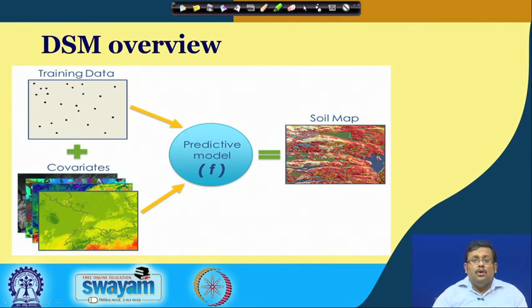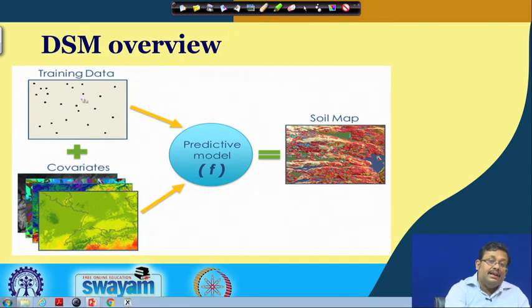So, if you see the overview of digital soil mapping, obviously the first starting point is our training data. As you can see here, these are some point observations, and we compile the data in the form of legacy soil data. So, this is our starting point, and then we add different layers and covariates.